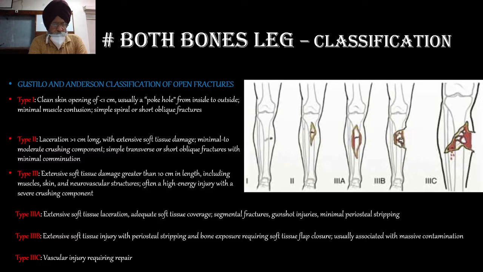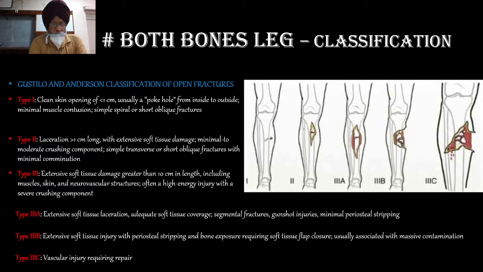Then type 3: extensive soft tissue damage greater than 10 centimeters in length, including muscle, skin and neurovascular structure, often a high energy injury with a severe crushing component.